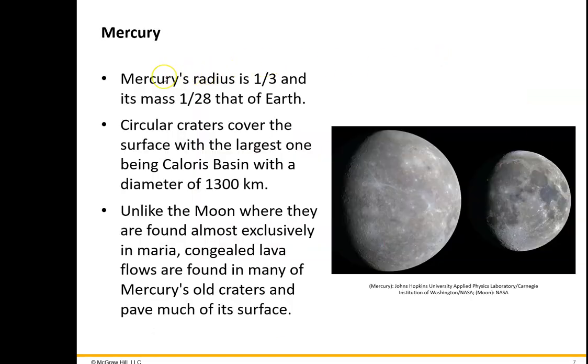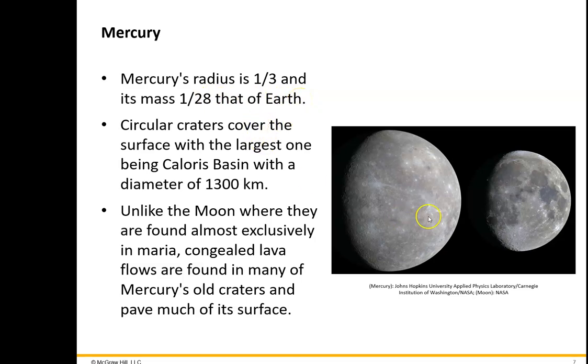All right, so we'll start with Mercury here and dig a little bit deeper. So Mercury, of course, has a radius of about 1/3 the Earth, and its mass is a lot less, right? Only like you multiply the Earth's mass by about 1 divided by 28, and that fraction of the Earth's mass.